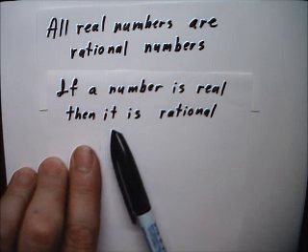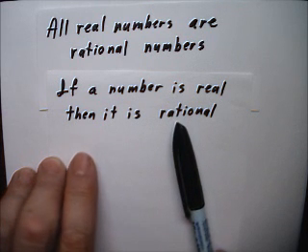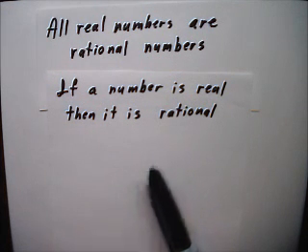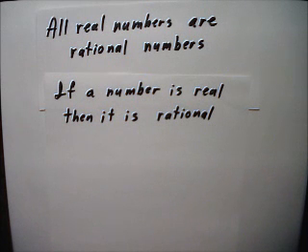I said if a number is not rational, then it is not real, and that's really a stretch for changing this into an if-then statement. So I think this is the only possibility, and since it is false, we have to come up with a counterexample to show that it really is false.